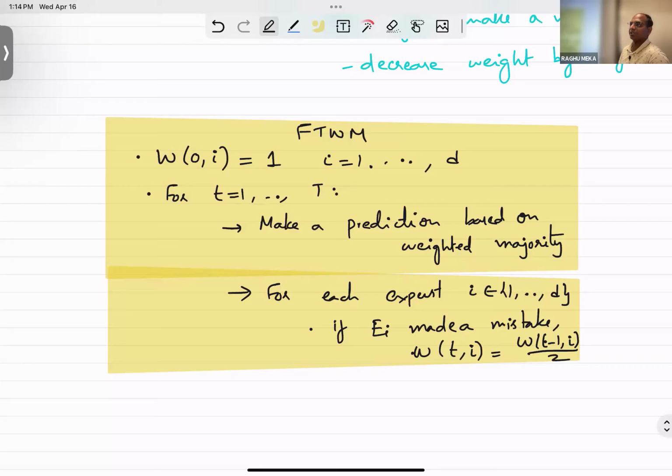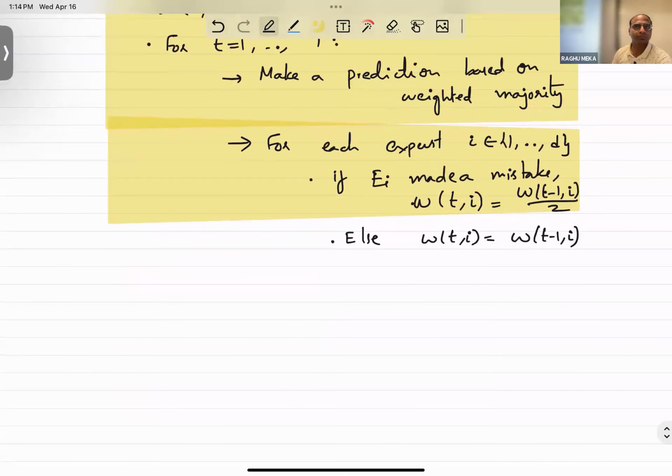Otherwise, the weight does not change. So you just keep the weight as it is. Any questions? A natural enough extension of follow the majority.